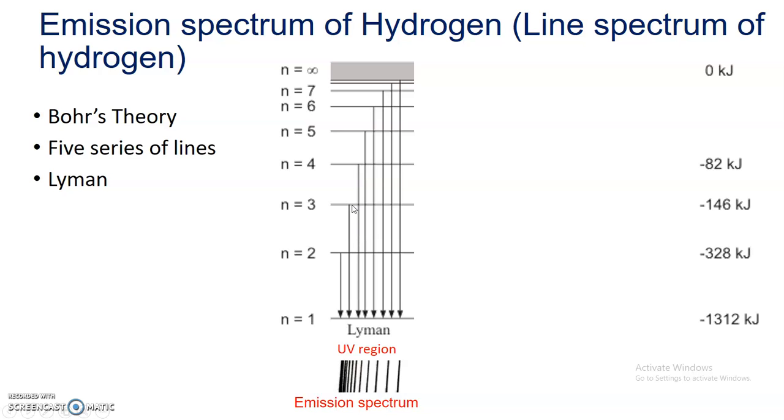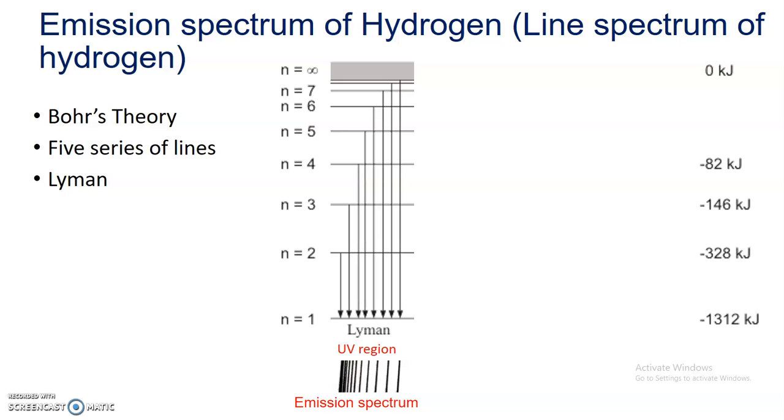In this way, when the electron comes back from n = 3 to n = 1, there is another line. When it comes back from n = 4 to n = 1, a separate line appears. So in this way, these different lines appear at a particular portion. That is the Lyman series.